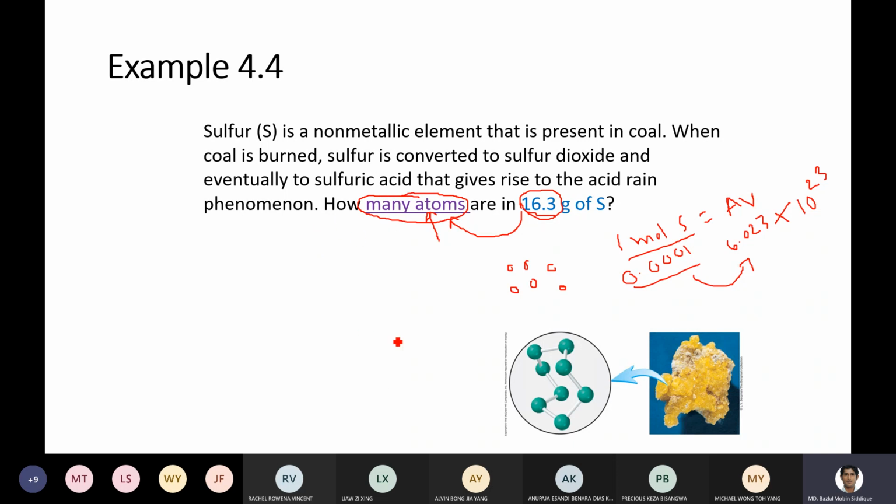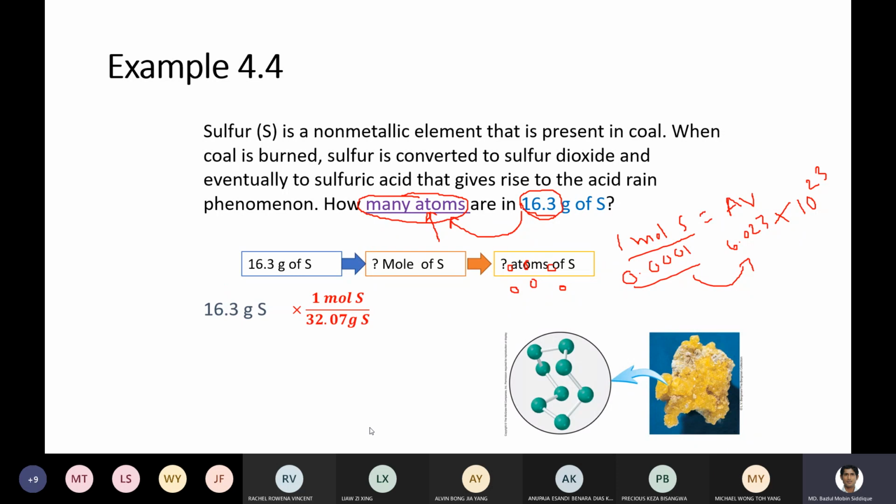And 16.3 grams of sulfur means how many moles of sulfur, right? From the periodic table, we know that sulfur has 32 grams per mole. So we do the unit label calculation. First, we find the number of moles. If we divide 16.3 by 32.07, it will be around 0.5.